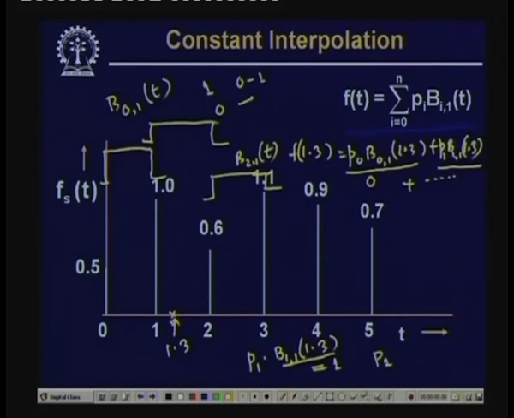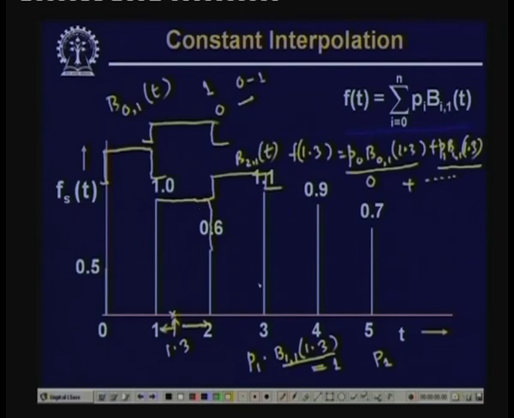So, in this case it is f s 1, and you find that for any other values of t within the range 1 to 2, the value of f t will be same as f 1 or p 1. So, I can do this interpolation like this, that is between 1 and 2, all the function values for all values of t between 1 and 2 will be equal to f 1.